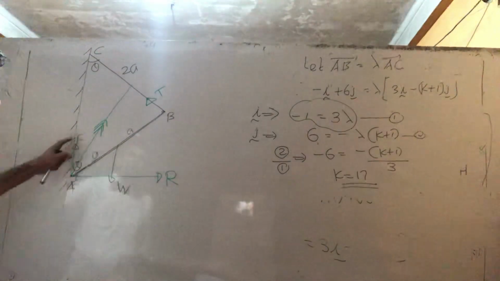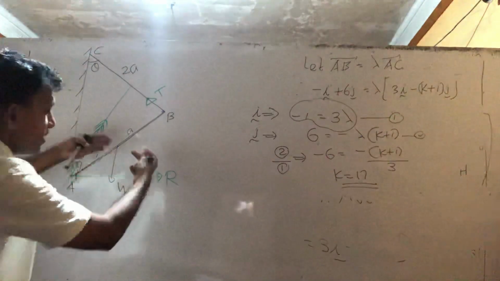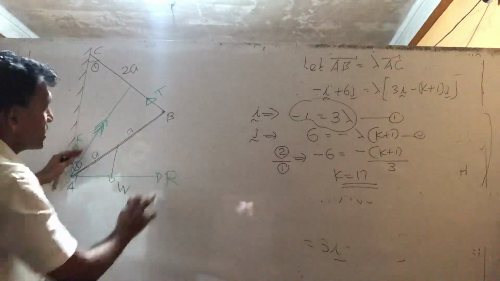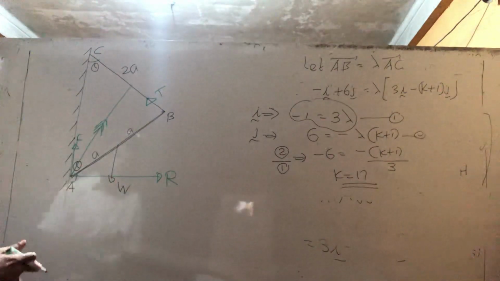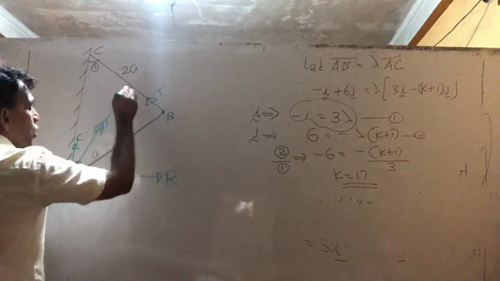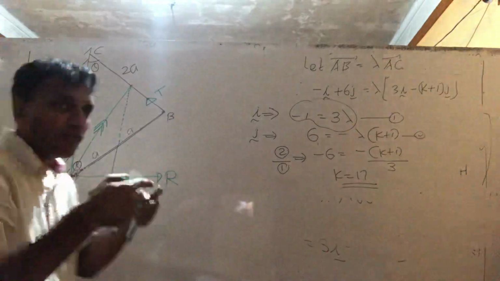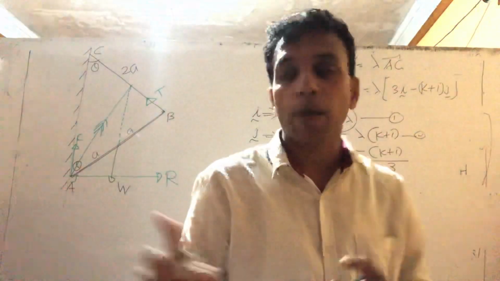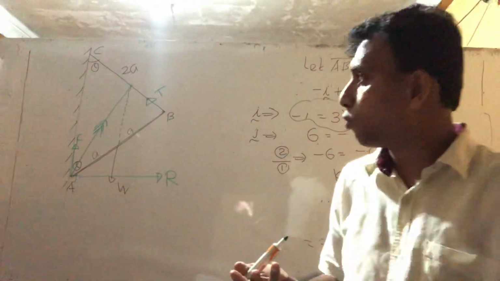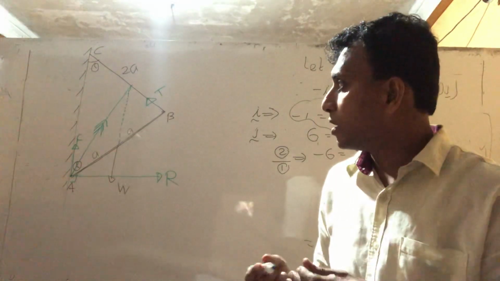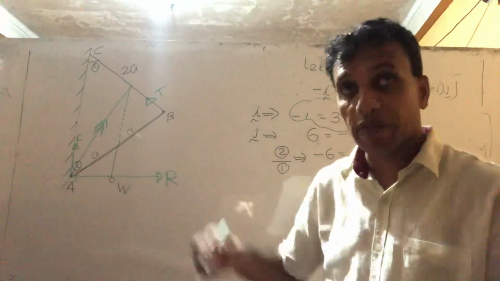The resultant between these two, therefore we avoid F and R. I say this is the resultant. Therefore the third force W also should pass through this point. The 3 force idea is complete there. W is a force, T is a force, and R and F are available, right?